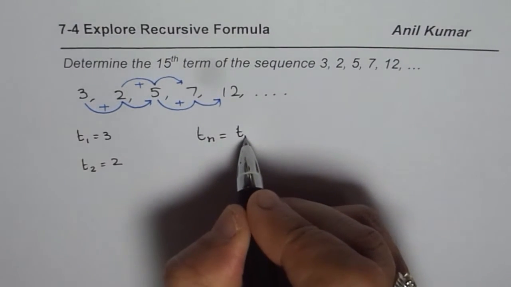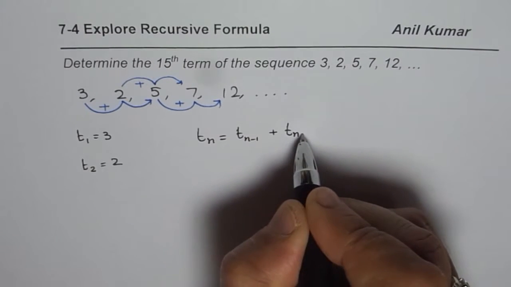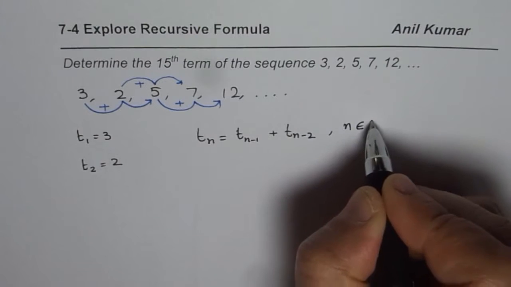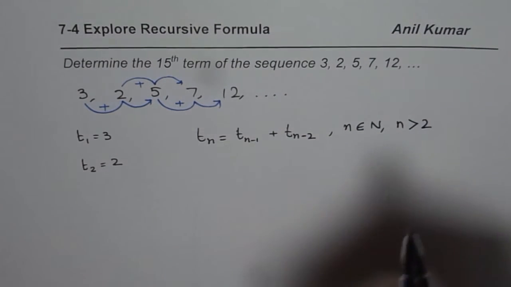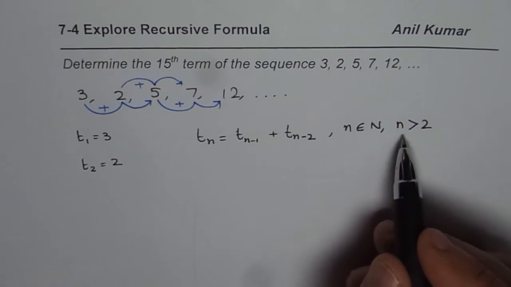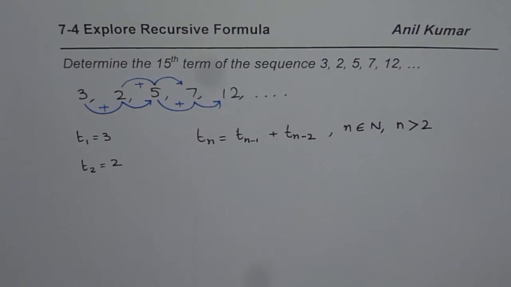So Tn = Tn-1 + Tn-2, where n belongs to the set of natural numbers and n is greater than 2. Now, since T1 and T2 are known to us, T3 can be calculated from these two known values.